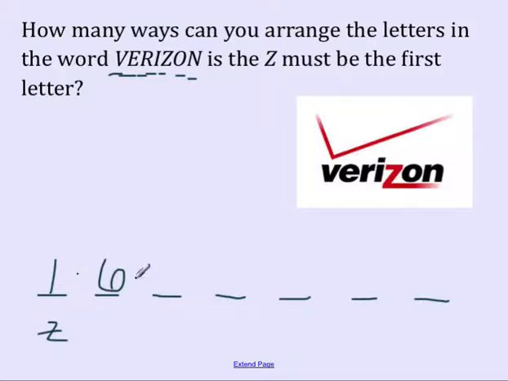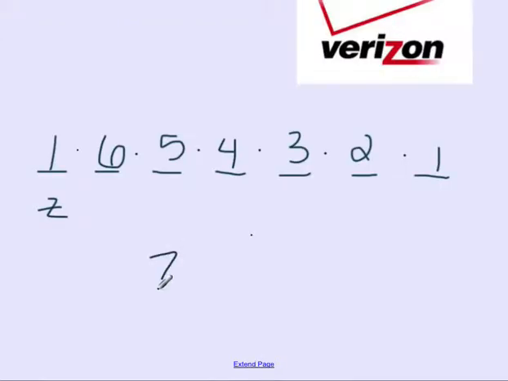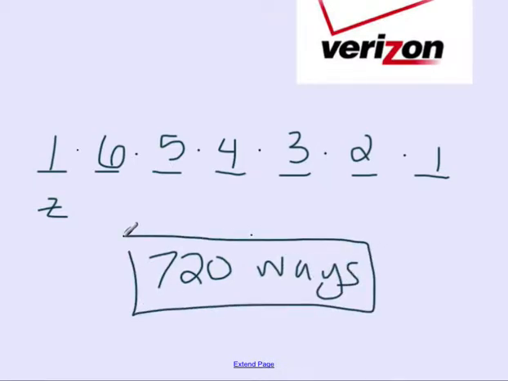And then 5, and then 4, and then 3, and then 2, and then 1. So that's being multiplied all the way down: 1 times 6 times 5 times 4 times 3 times 2 times 1. And when you multiply all of that out, you end up getting 720 different ways that you can rearrange the letters in Verizon if the first one is a Z.